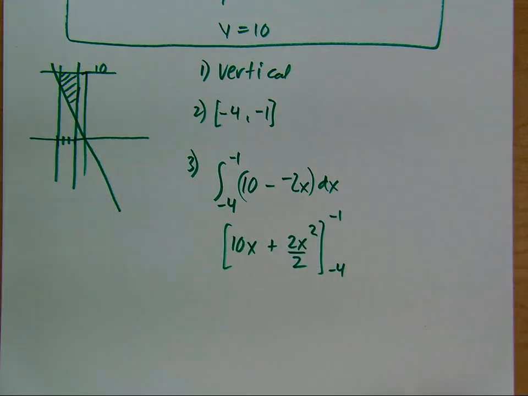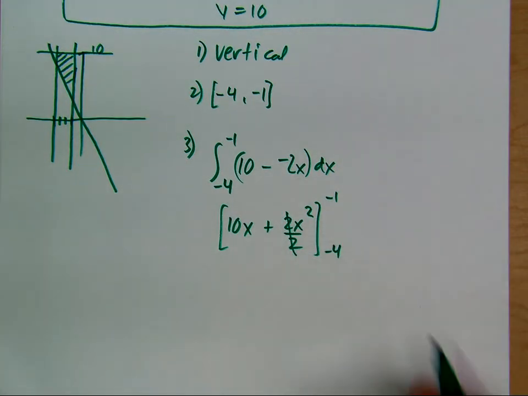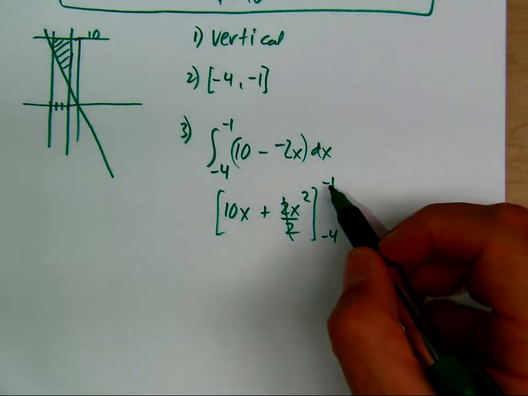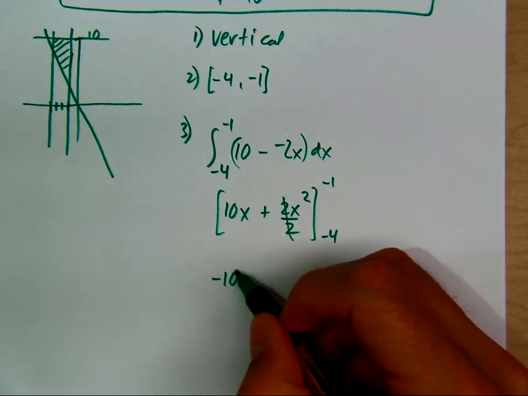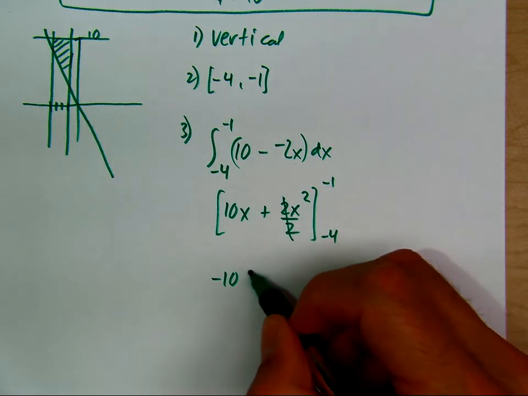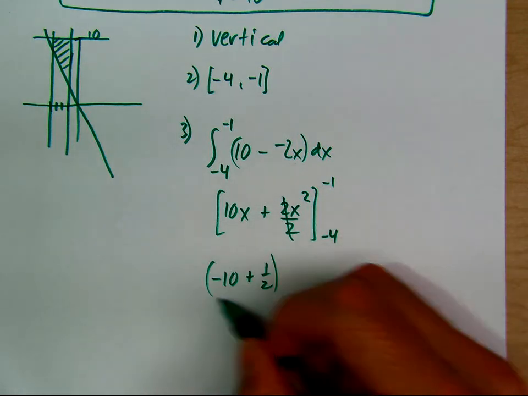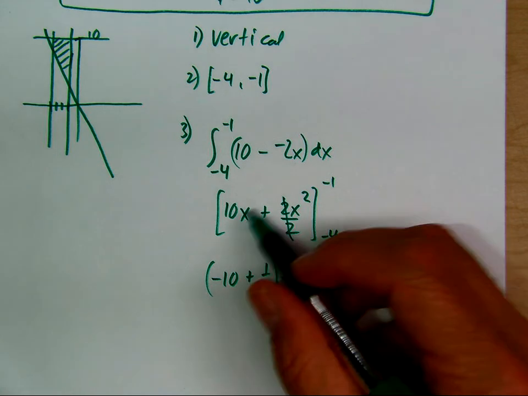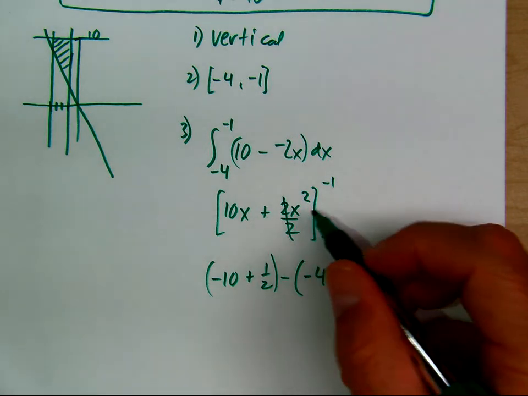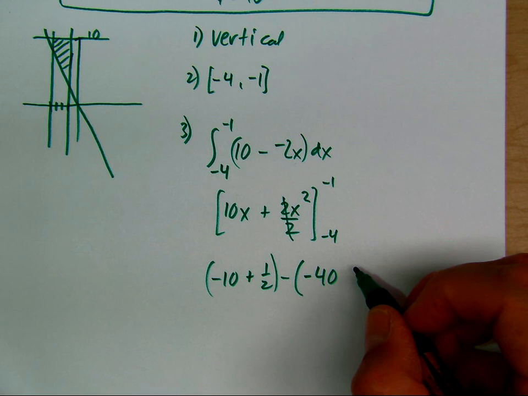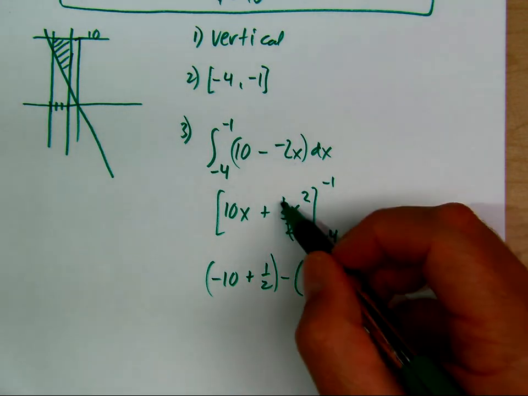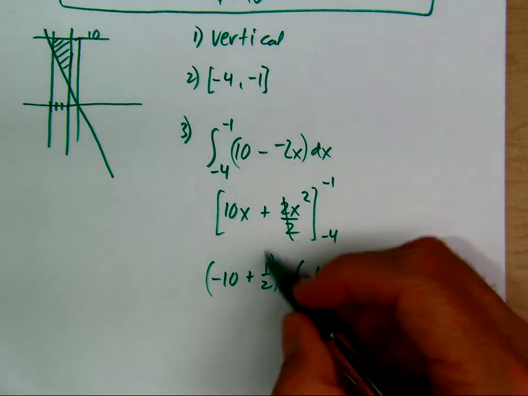So that'll be a 1, and we have a negative 10. Put the negative 1 there. Then we'll put in the negative 4. That'll be 16. Got a mistake here. Put the negative 1 there and we get a 1.